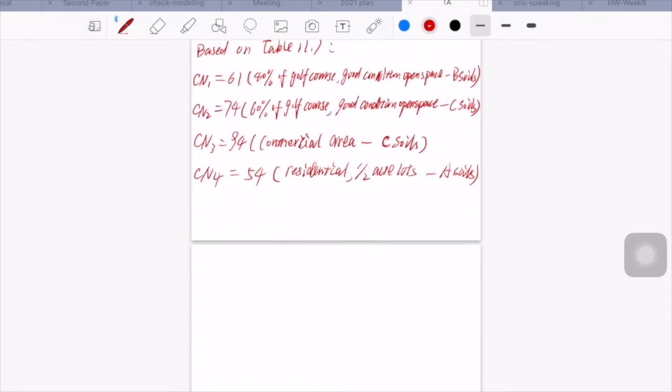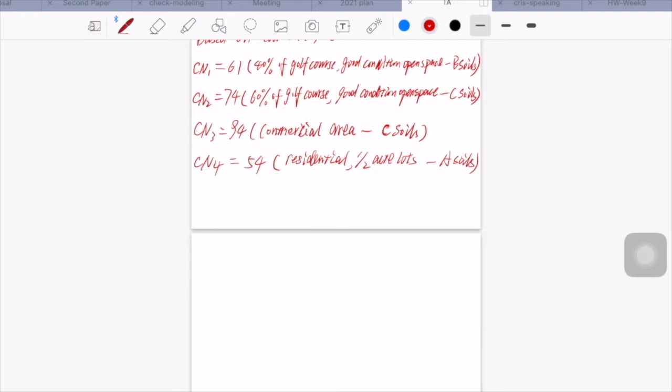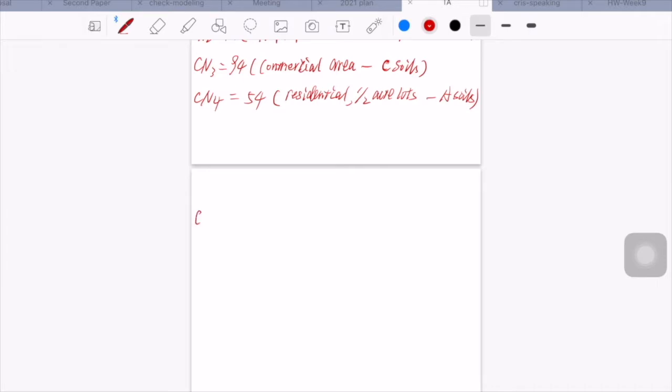So then we will use area as a weight to calculate the practical CN value. So the practical CN value should be equal to A1 times CN1 plus A2 times CN2 plus A3 times CN3 plus A4 times CN4 divided by A1 plus A2 plus A3 plus A4.